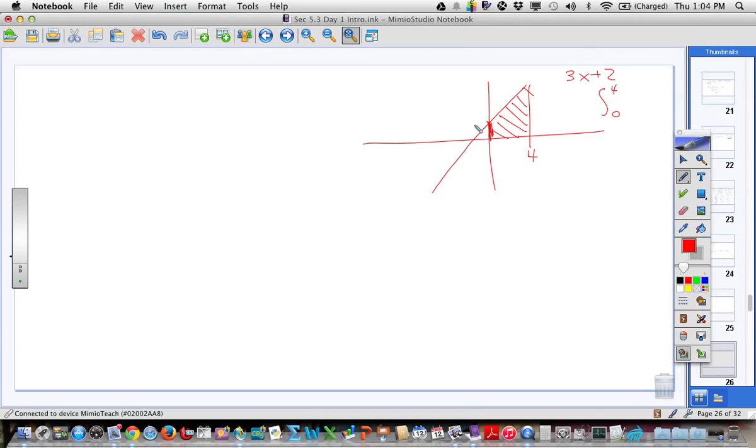Now this would be 2. What would this side of that trapezoid be? At 4, 14. So this area would be 1/2 times 2 plus 14 times 4. So this would be 16 times a half would be 8. 8 times 4. This would be an area of 32. We know that from geometry. But this would also be this problem right here.